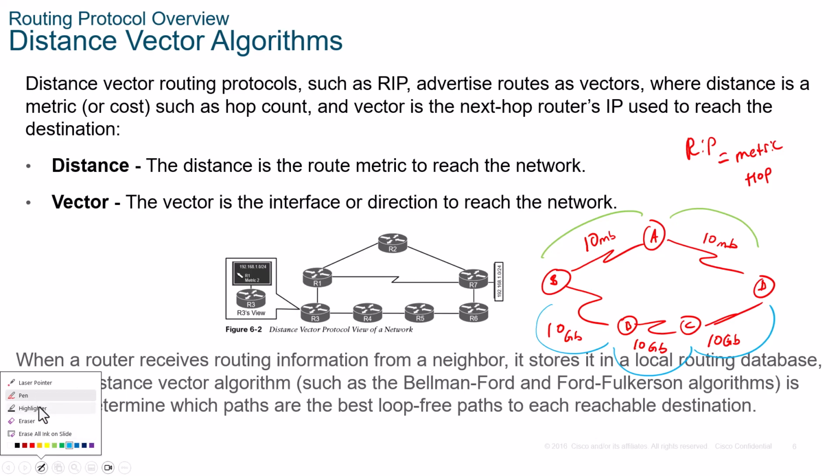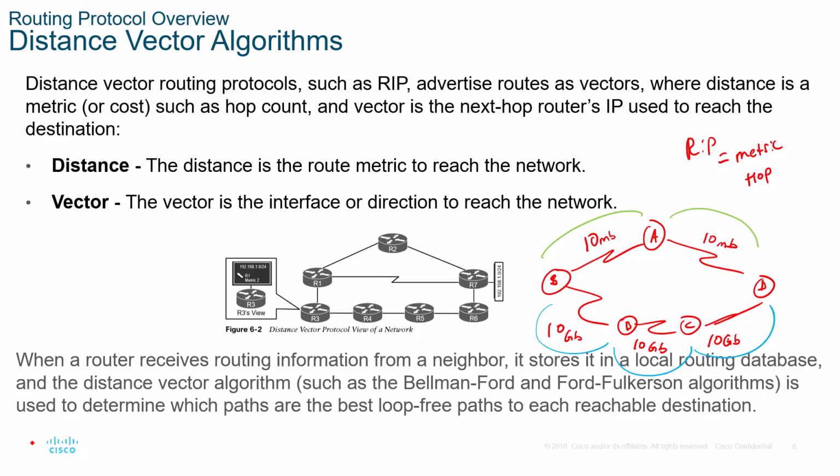What's the best path? Well, we are using hops to identify bests, so source to A to destination. They may be a slower link speed, but when the metric is hop, that's what we do.